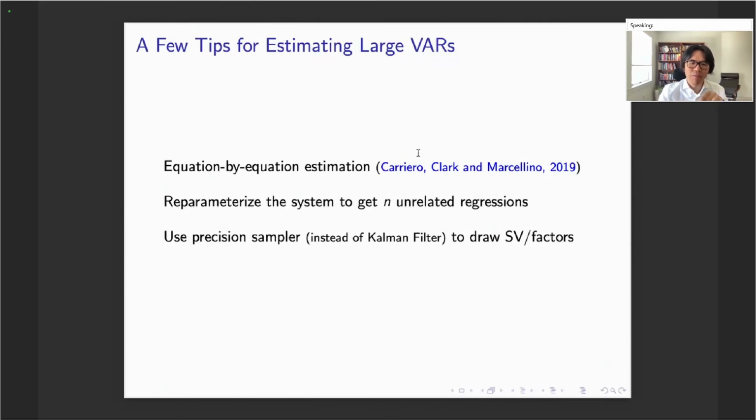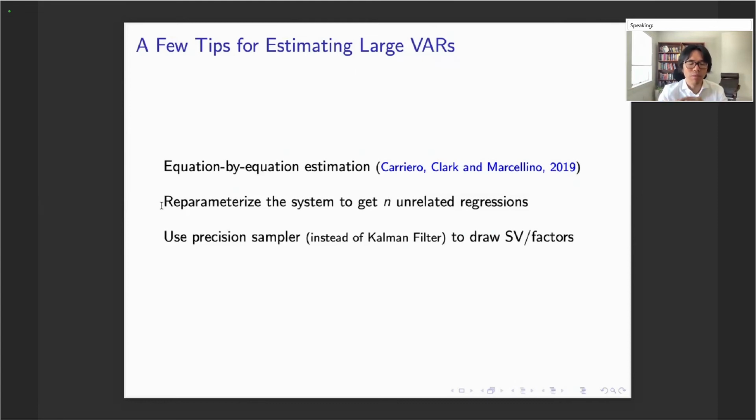It's very useful. Another discovery I find is that it's much faster if you reparameterize the model into a structural VAR, like I show you, into n unrelated regressions instead of using the reduced form. You can estimate the structural form first and then transform everything into reduced form, if that is what you want, or you can just use the structural form to compute forecasts.